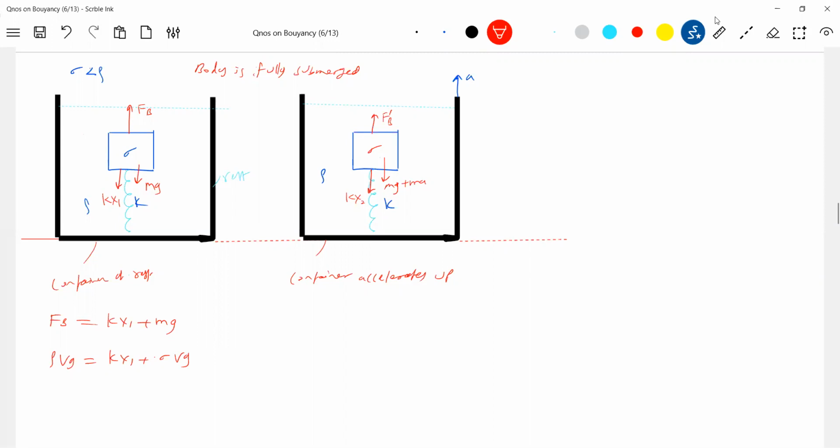Okay, now come to this equation. Fb dash equal to mg plus ma plus kx2. What is Fb dash? Rho V (g plus a) equal to sigma Vg plus sigma Va plus kx2.